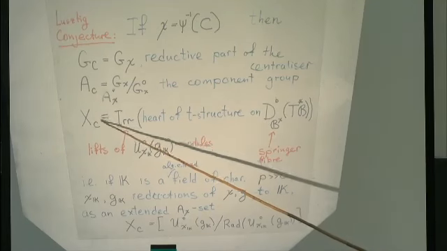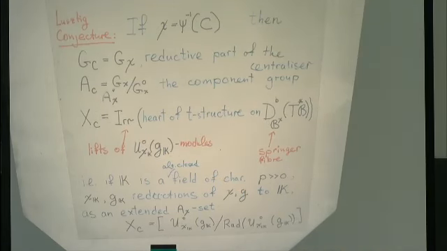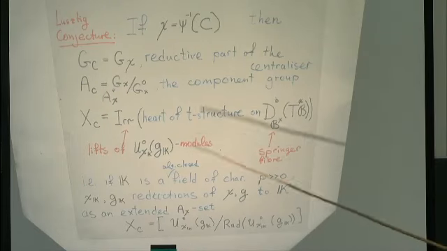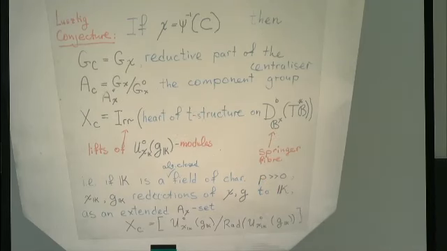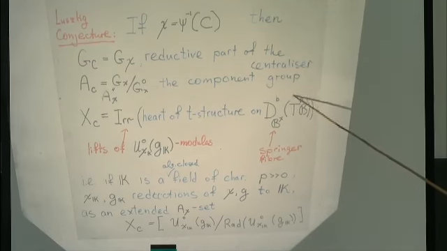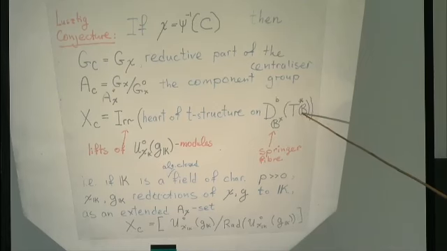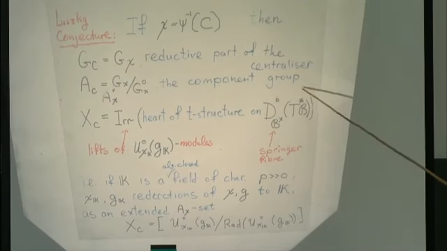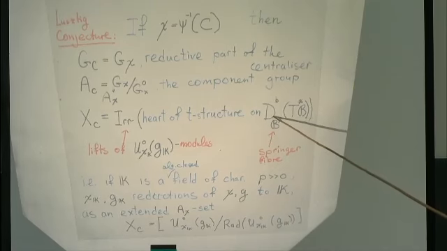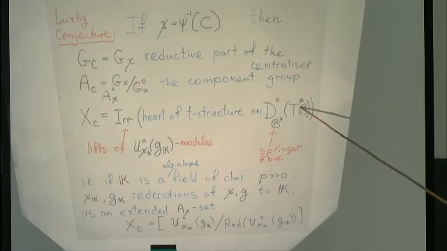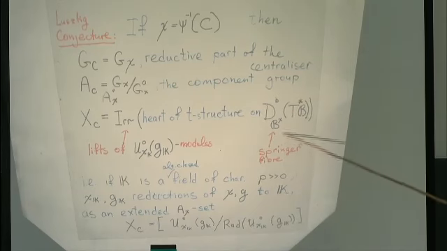Essentially X_C should be the set of irreducible representations of the algebra U_χ^0. Let me say it more scientifically, because I'm working over complex numbers. I take my variety B, and its cotangent bundle T*B. On the cotangent bundle I take coherent sheaves, and I take the derived bounded category of coherent sheaves supported on the Springer fiber.